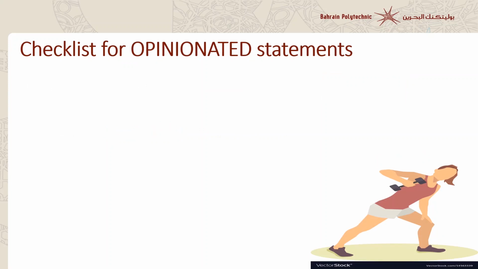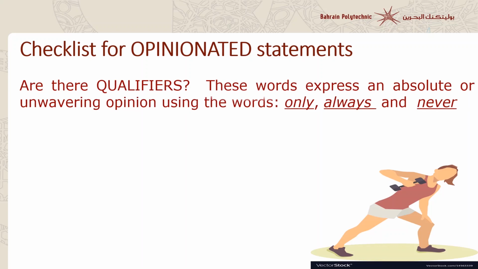Aside from the biased words, the other element that you need to have a watchful eye on are qualifiers. What are these? Qualifiers are words that express an absolute or unwavering opinion using the words only, always, and never.